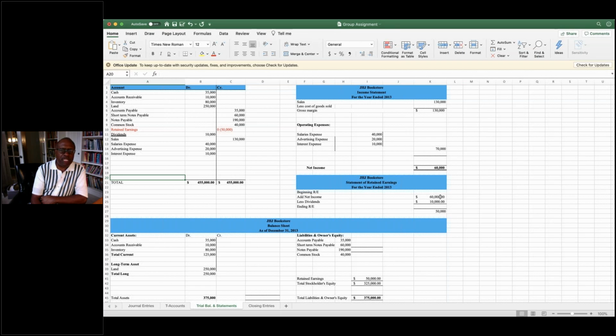The next statement is very easy. Beginning retained earnings, we had a 0. We add the net income. Then what did I ask you to insert in here? The dividend. I told you to insert a line in here so that we can do a subtotal at some point. So it's not there now, but we won't worry about it.